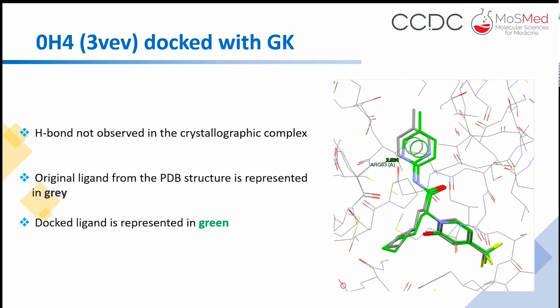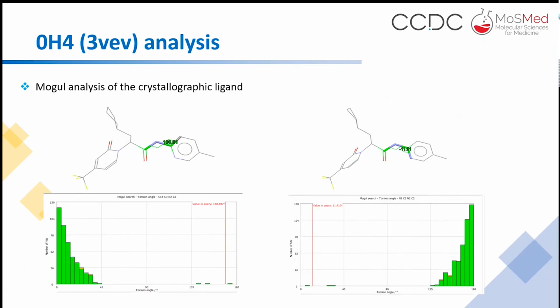So Mogul analysis was done to see why this was happening, because a hydrogen bond in that spot would definitely be preferred. Mogul analysis works by scanning very similar molecules and seeing if the bond lengths and bond angles are viable. This was done for the crystallographic ligand, and it suggested that the angles in the ligand were not really within the viable range.